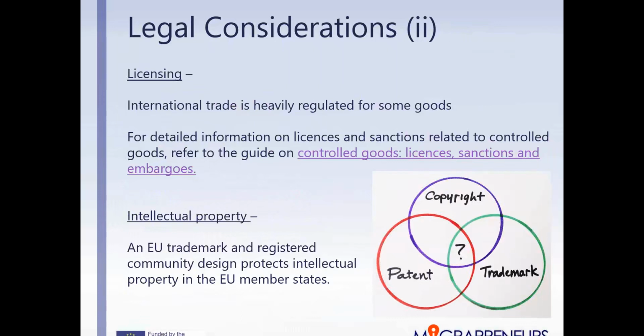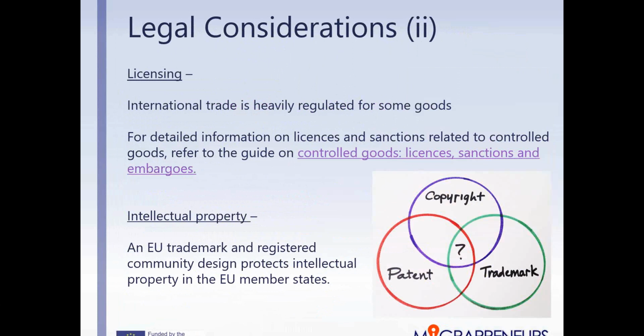So, licensing. International trade is heavily regulated for some goods. As I said before, things like firearms, alcohol, tobacco, and some food and textiles are considered controlled goods, so you should be aware of what those are and if you're dealing with them.